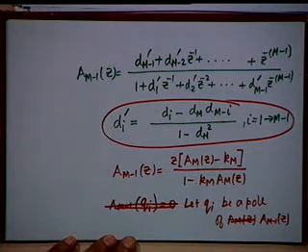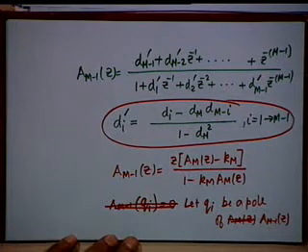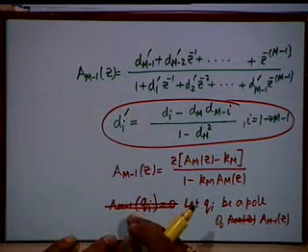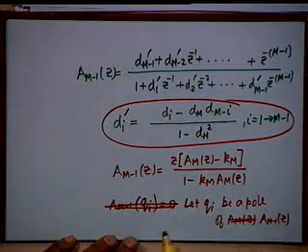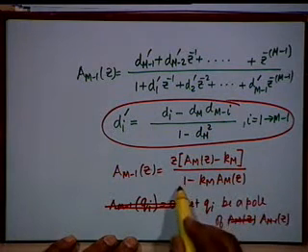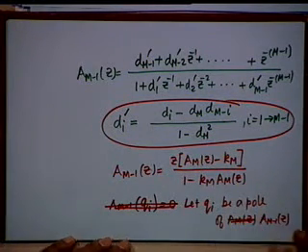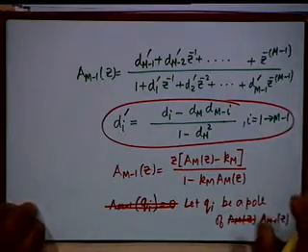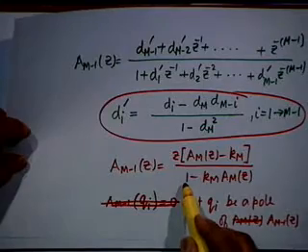Okay. In order to prove that A_{m-1}(z) is stable, we have to look at its poles. And the poles are the zeros of the denominator. How many poles? m minus 1. We have chosen an arbitrary pole, q_i. Then at q_i, the denominator must be equal to 0.